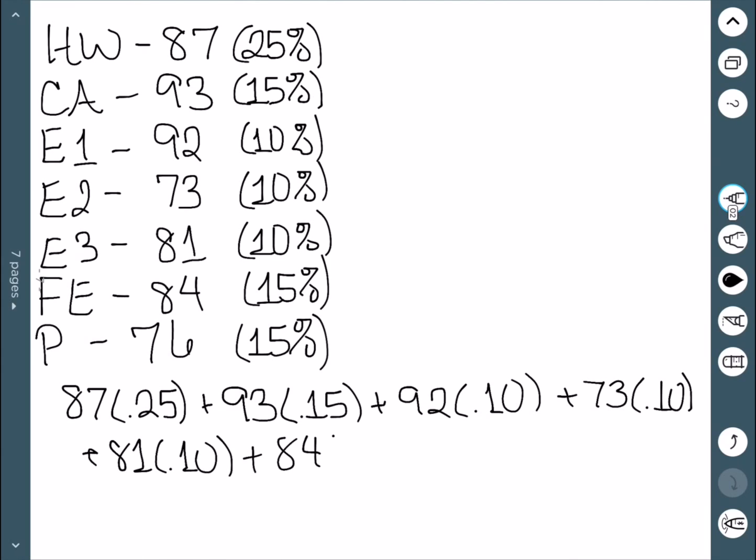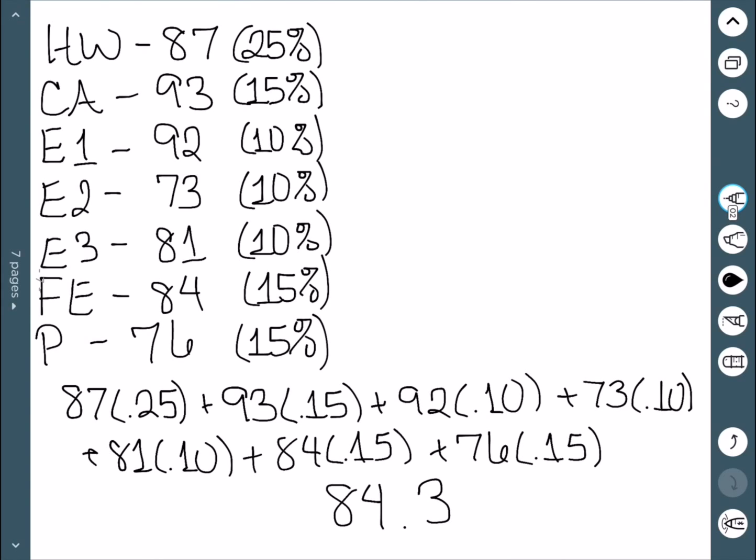My final exam is worth 15%. And then I had a project that was worth 15%. After we multiply these and add them up, we should divide by the sum of the weights. However, you'll notice if you add these weights up, you get 100%, so we would be dividing by 1. And if you multiply all of these out and then add them up, you get that your average is an 84.3. And this shouldn't be super surprising. You have a couple of A's in there and a couple of C's, but a majority of things are B's. Therefore, it does make sense to have a B average.